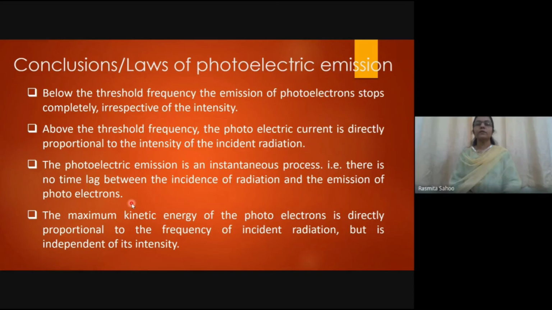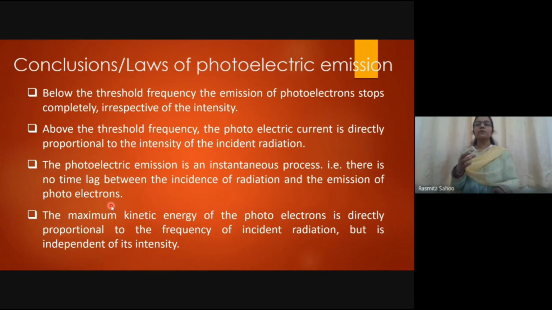So these are the conclusions of the photoelectric effect, or photoelectric emission. This is one experiment from which the particle nature of light is confirmed, because only by taking that nature could we explain the photoelectric effect.